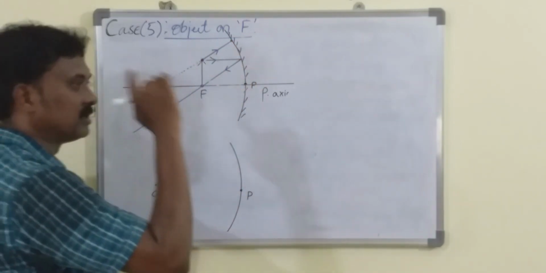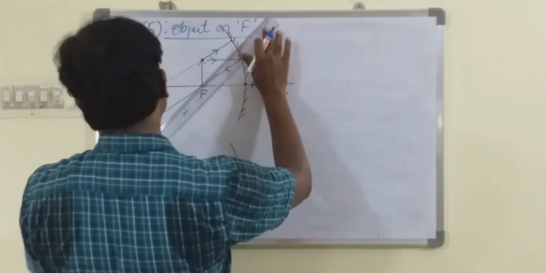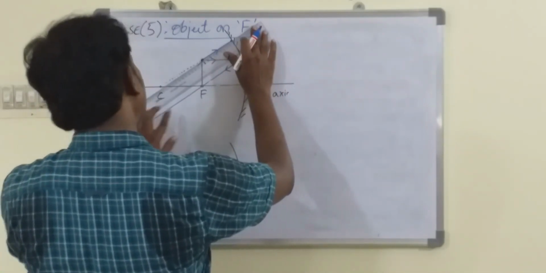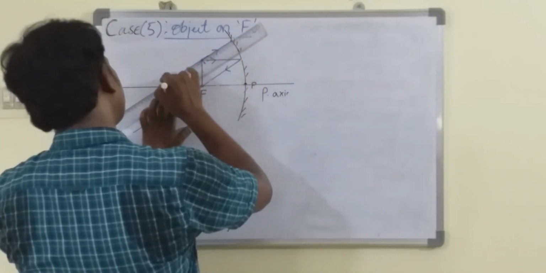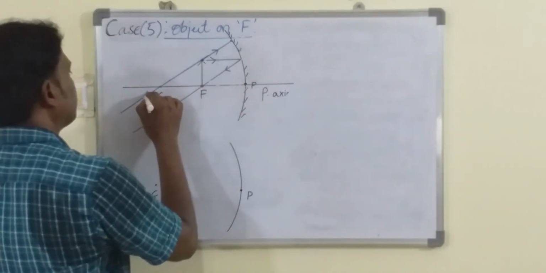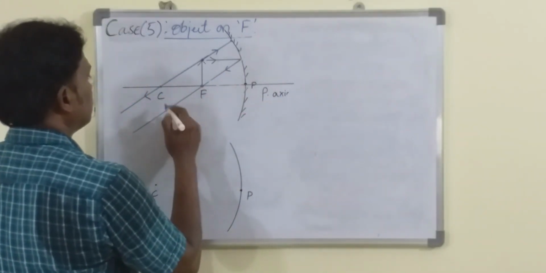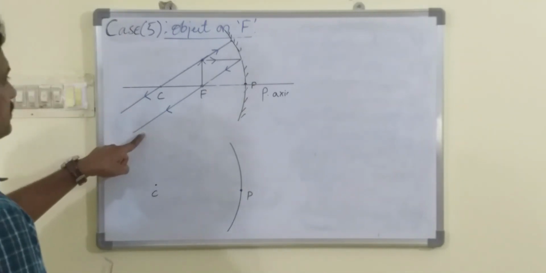Because it is following the last rule. So when it is retracing its path, it comes like this. See, look at the two reflected light rays.